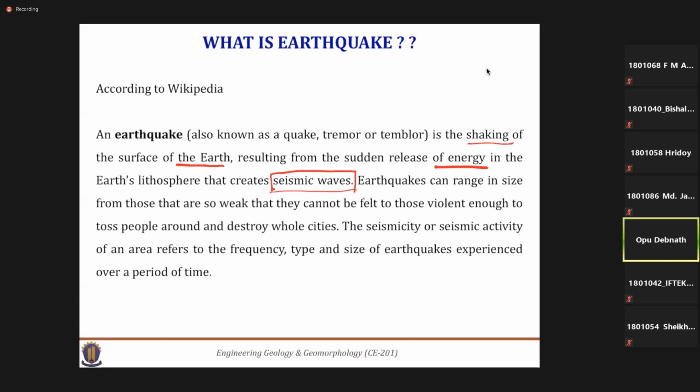Size means the intensity and magnitude over a period of time, that means the last 100 years. So for considering the vulnerability of an area, we will consider its frequency. That means in the last 10 years or last 50 years, how many earthquakes occurred, and which sizes, the maximum sizes, minimum sizes, what will be the time interval, etc.